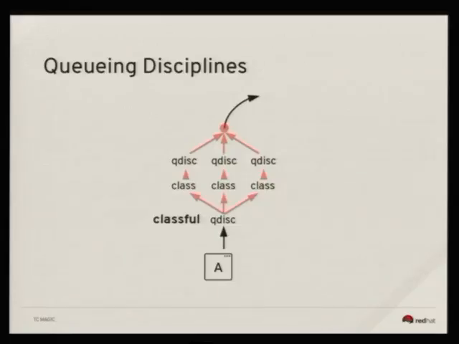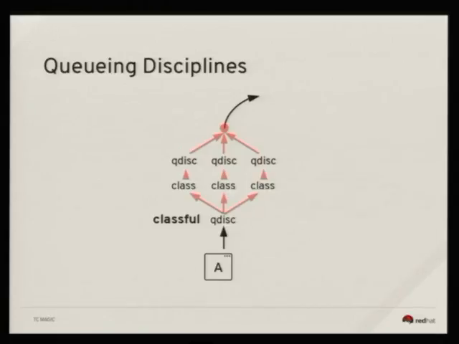Now, classful Qdisc is a bit different beast. It's a bit more complicated, not that much though. So the important thing, it's classful, that means it has classes. So traffic or packets that enter this Qdisc are put into one of the classes which are attached or part of this Qdisc.